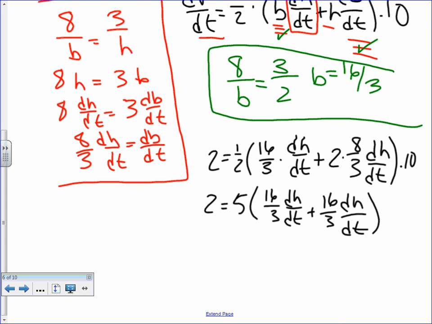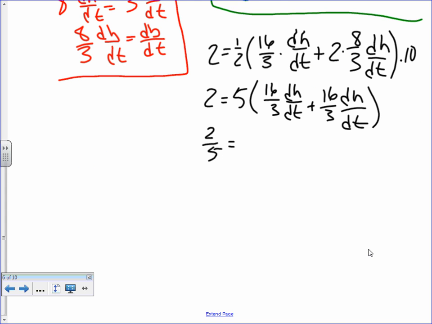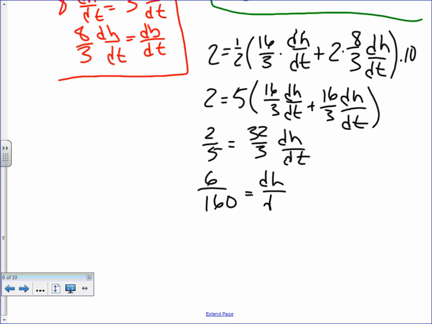Inside the parentheses, so 2/5 equals 16 thirds plus 16 thirds, which is 32 thirds dH dt, and then divide by 32 thirds, and we get 6 over 160 equals dH dt, and 6 over 160 divided by 2, I get 3 over 80.